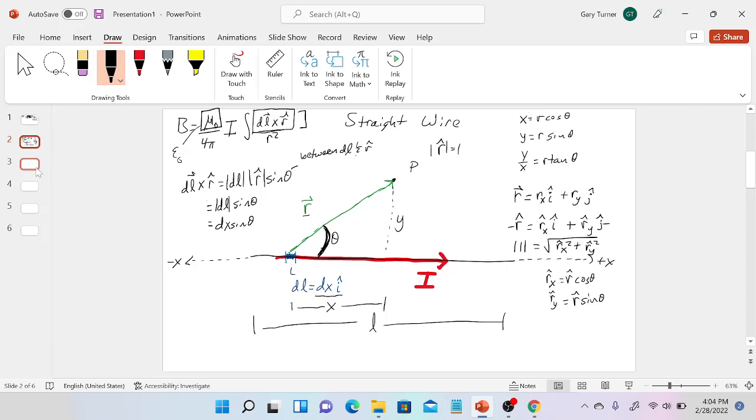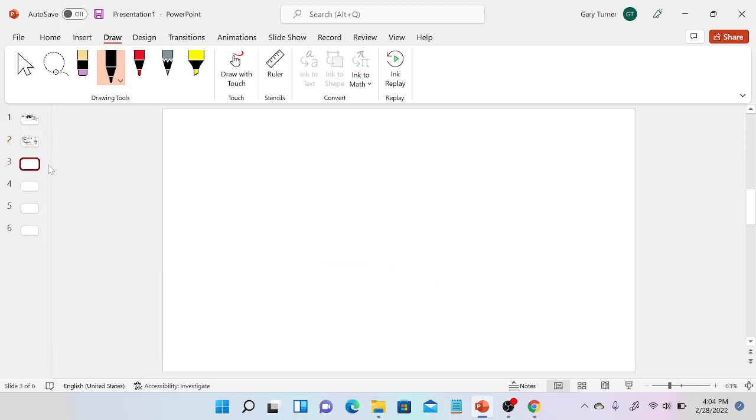So if we set up that matrix, DL cross R hat is going to equal I, J, K. My components of DL were dx in the I direction, and I didn't have anything in the J direction or the K direction. And R hat had components in the I and J direction.